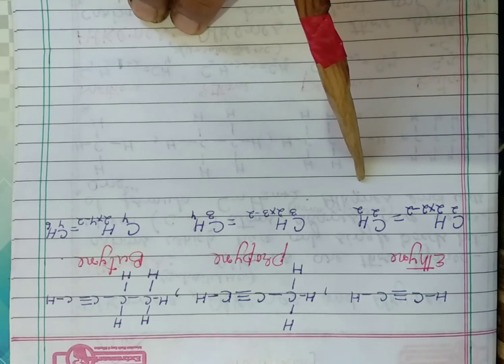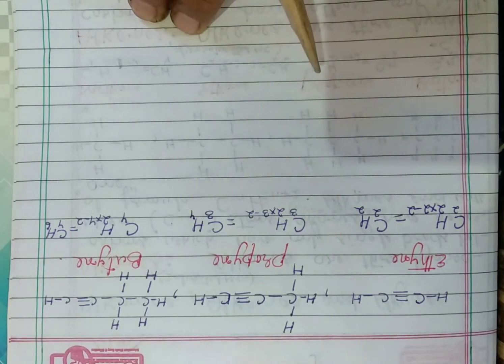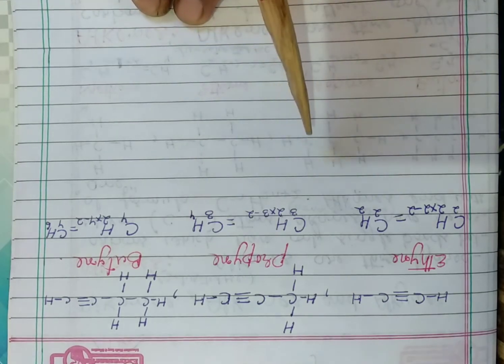All three are hydrocarbons. In alkanes you can only have single bonds between carbon atoms. In alkenes you can have at least 1 double bond between 2 carbon atoms, and in alkynes you can have at least 1 triple bond between 2 carbon atoms.